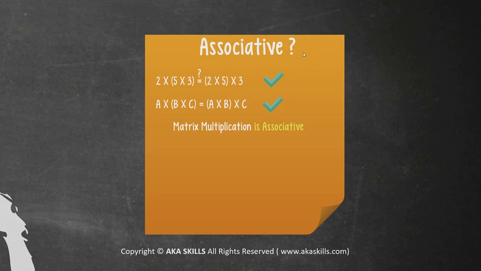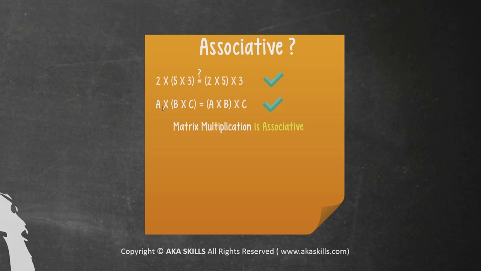So is it associative? What do we mean by associative? In normal multiplication, 2 by 5 by 3 is equal to 2 by 5, and all that by 3.